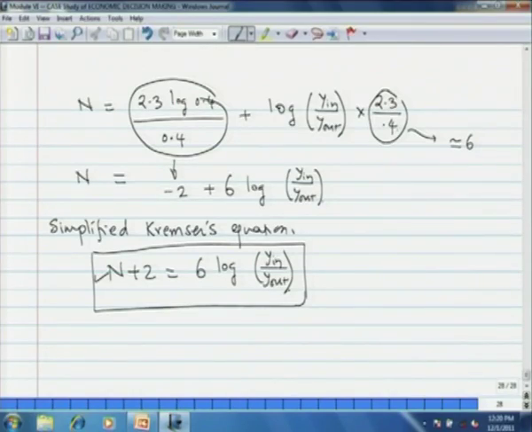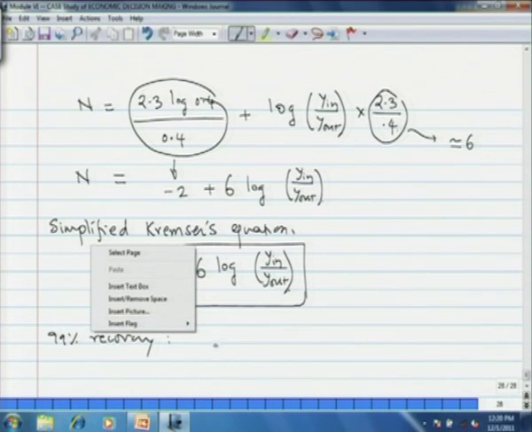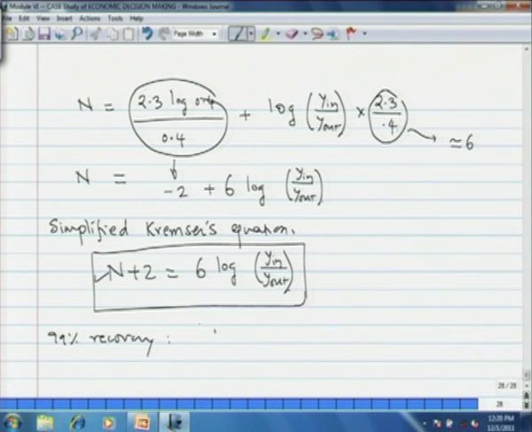For 99% recovery, if you use the simplified equation, you can very easily calculate the number of plates: for 99% recovery, y in by y out will be equal to 100. So, n will be equal to 6 into 2 minus 2, that is 10 plates.